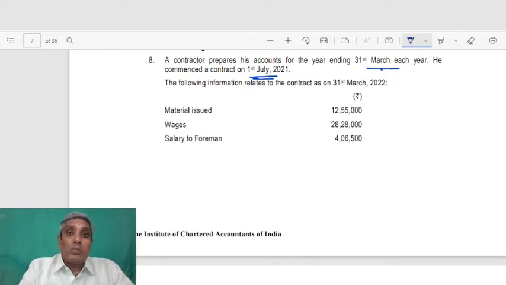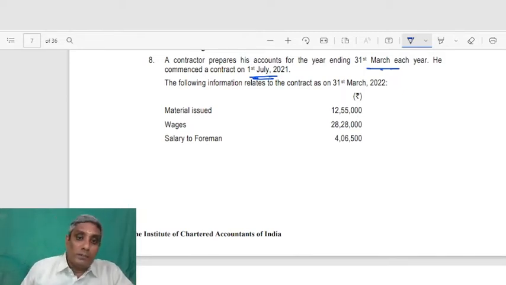And the working out of the depreciation as well as the materials sold or materials returned, how we need to take into account. And one of the important elements of working is the calculation of cost of work uncertified, which is very important. Now, let us go through this question and understand further.